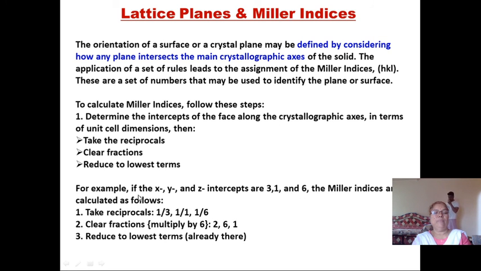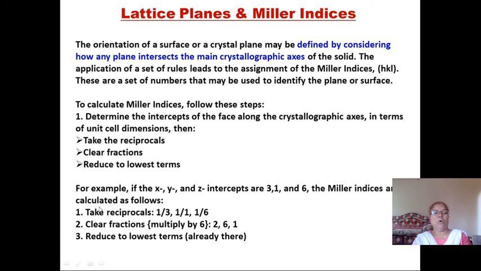Here, for example, suppose x, y and z intercepts are 3, 1 and 6. A plane intercepts the x-axis, y-axis and z-axis, and those intercepts are 3, 1 and 6. Then the Miller indices are calculated as follows.